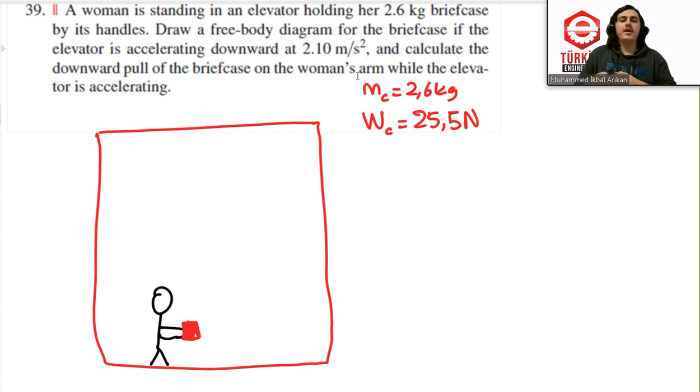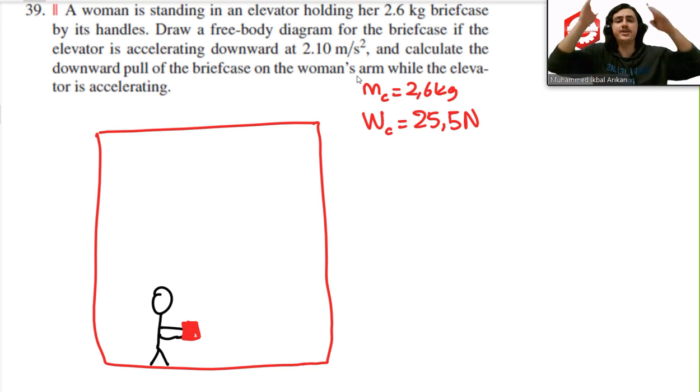When we are at rest, in this room, and this woman is carrying this briefcase, she will feel the exact weight, right? She will feel the same weight of this one. But if she goes into the elevator and pushes any floor, then she will observe an acceleration up or down.